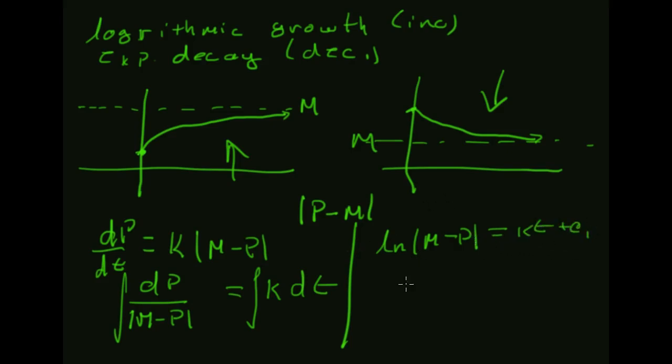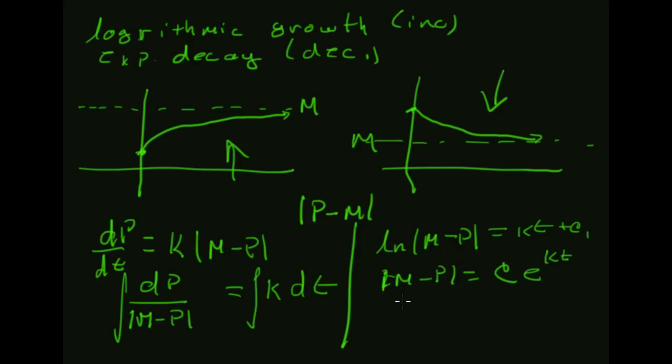We'll call it c1. We play the game like we did last time, and m minus p is equal to some constant times e to the kt. Well, that looks familiar, which basically says that I've solved this, but I've solved it for m minus p. So the distance from the limiting factor is equal to some constant times e to the kt.